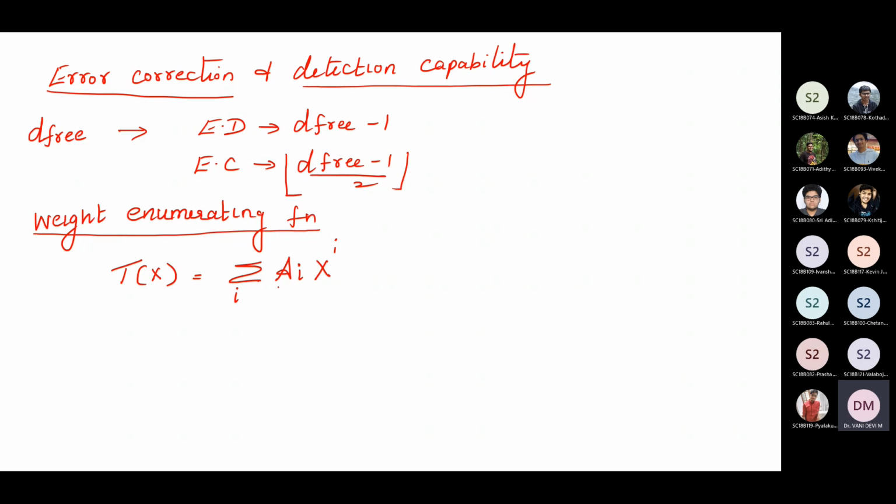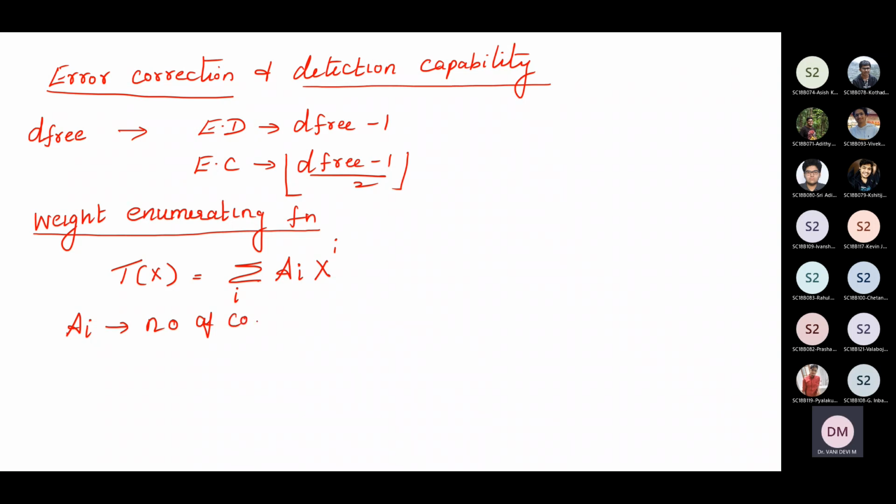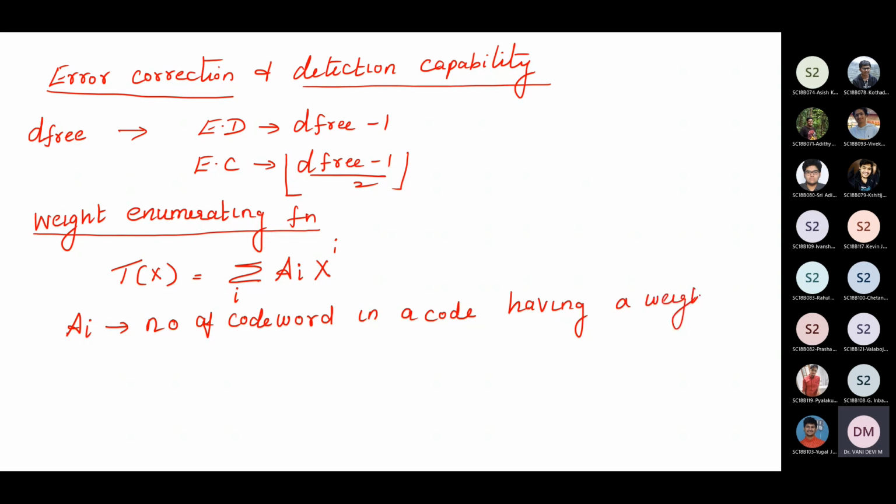What is Ai? Ai represents the number of code words in a code having weight i.